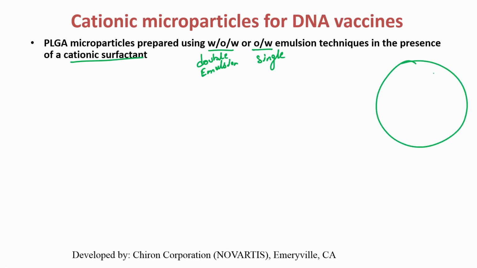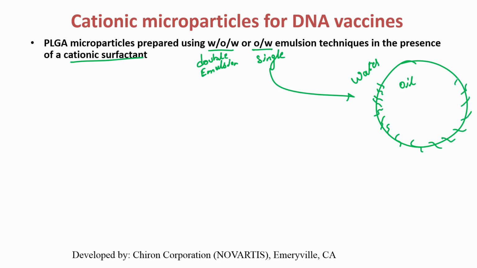If you have surfactant, let us say this was an oil droplet in water, and you have surfactants here, what you will find is that since the surfactant is amphiphilic, it is going to line up at that interface.